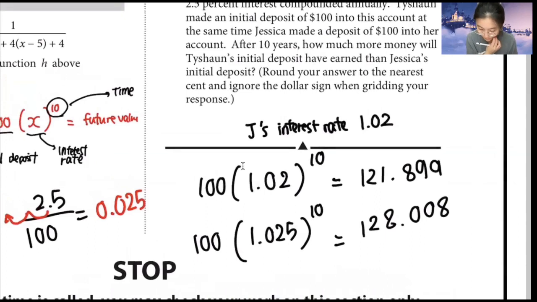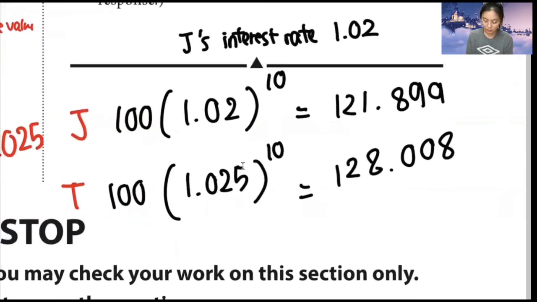Now we need to know how much money Tyshawn earned more than Jessica. So Jessica's value is the top, 121, and Tyshawn is 128. So we just need to subtract 121.899 from Tyshawn's value, and that will be 6.11.